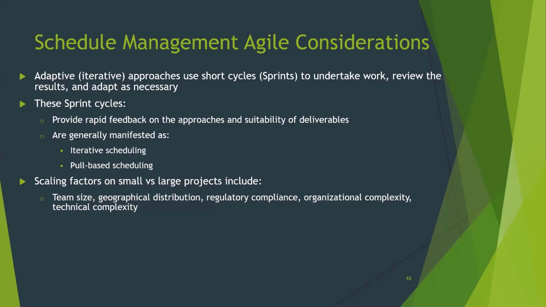Ideally, in an ideal Agile world, everybody is co-located in one location, working closely on delivering the requirements. Your organizational complexity has to do with how well your organization is set up to allow you to work in this Agile approach.